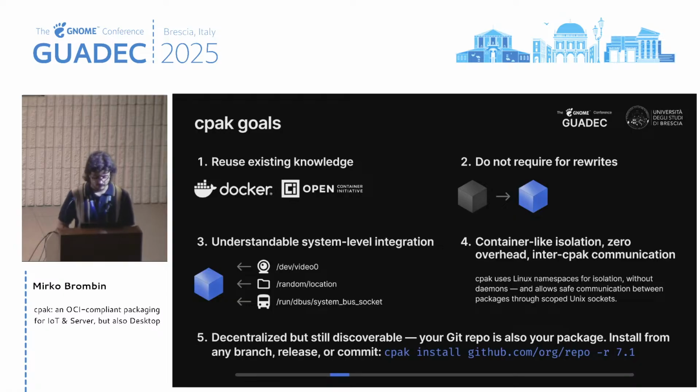So what are the goals of cpak? The first and most important goal is to reuse existing knowledge. I'm not asking anyone to learn something new, like a new building system. For example, at Fabricator, we work with a lot of companies.